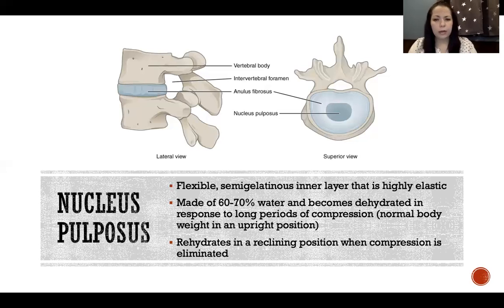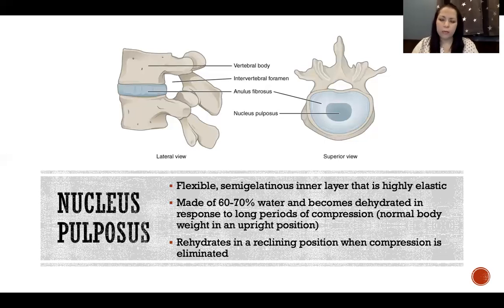But when that's happening over the day, it will start to squeeze out some of the fluid that makes up that jelly inside our jelly donut. So over the course of the day, some of that water gets squeezed out. And that's part of why at the very end of the day, when you finally get to lay down or recline in your favorite chair, it can feel so good and so relieving.